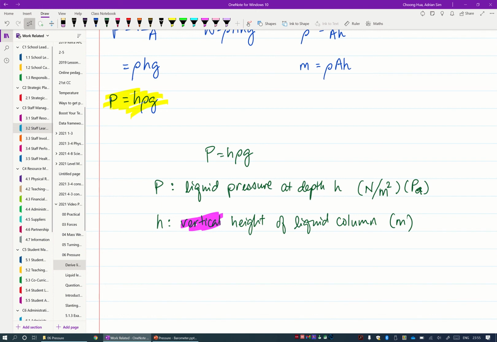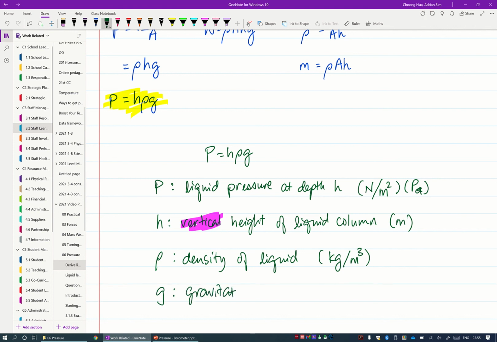The base, it has to be perpendicular to the base. Rho refers to the density of liquid, and the SI unit is kilogram per meter cube, and g refers to the gravitational field strength, and it's Newton per kilogram.